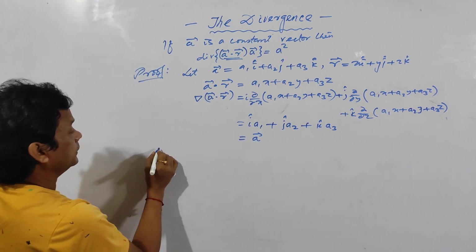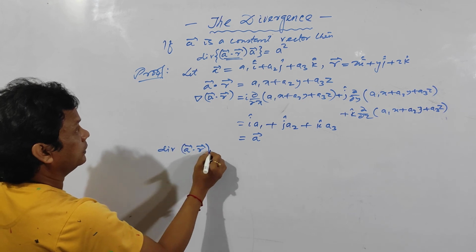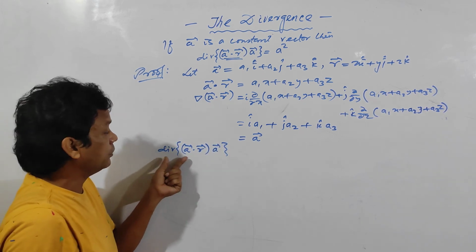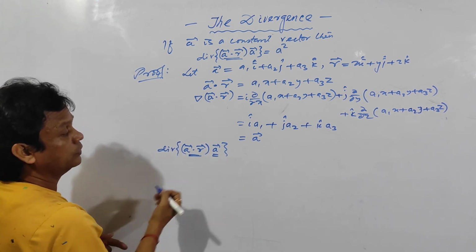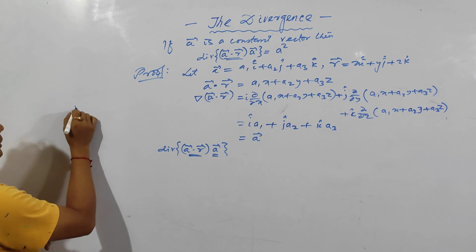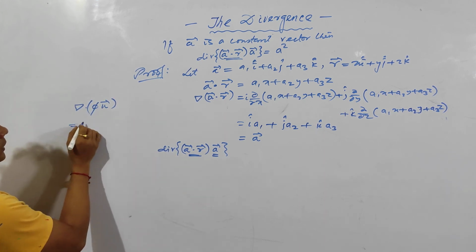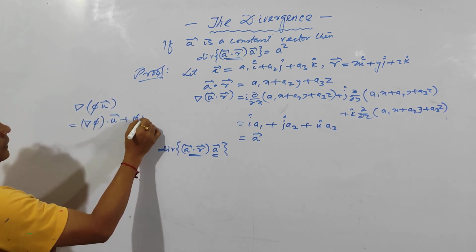Now, divergence of A dot r into A vector, and this is in the form of del dot phi u. This is phi, this is u. What is your formula? See here, del dot phi u. Divergence means del dot. It is del phi dot u plus phi del dot u.